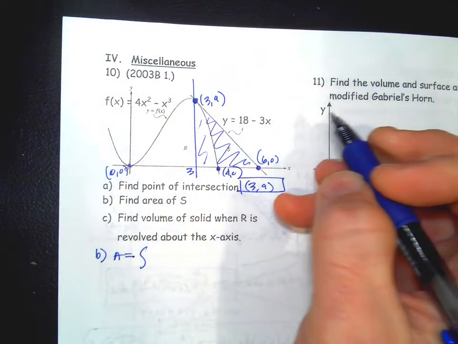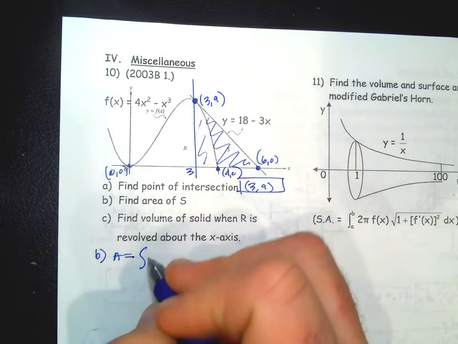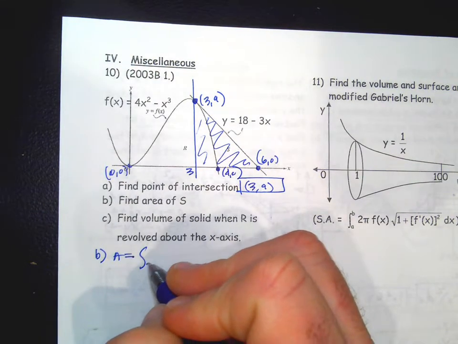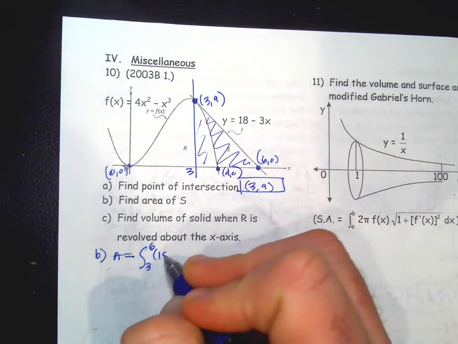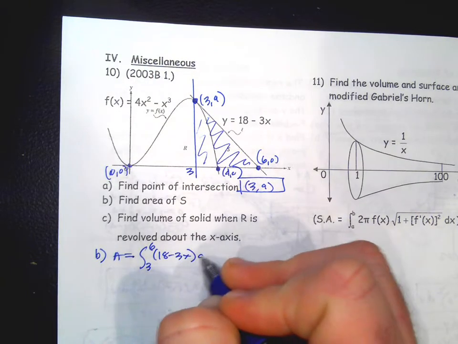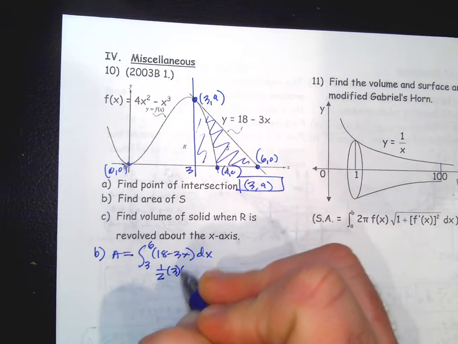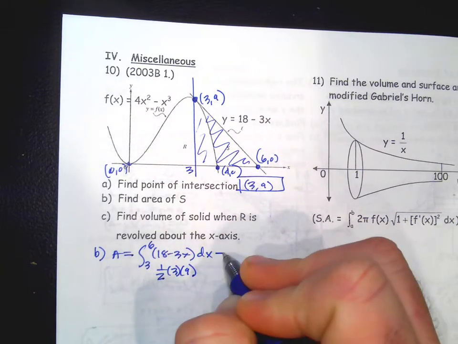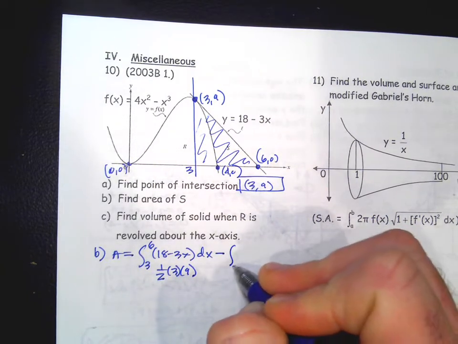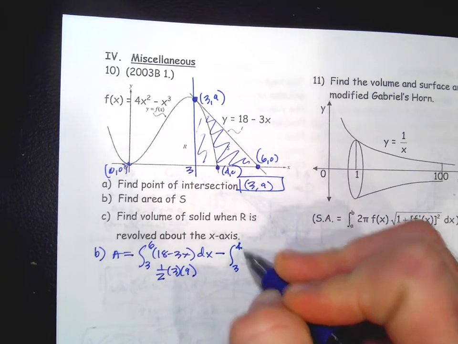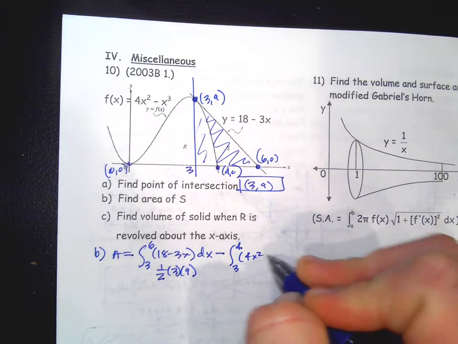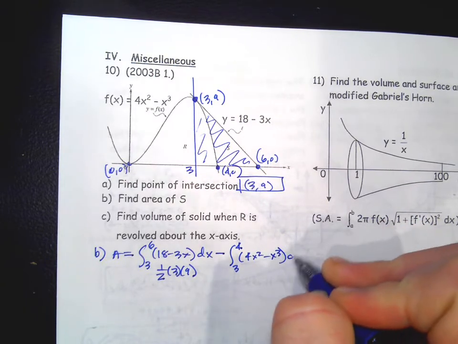I mean, it's a pretty clean triangle. So you could do 3 to 6 of 18 minus 3x dx, or you could do 1/2 base times height. Should be the same thing, minus 3 to 4 of 4x squared minus x cubed dx.